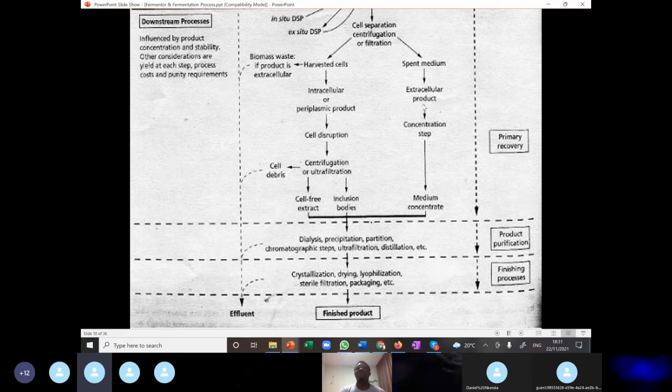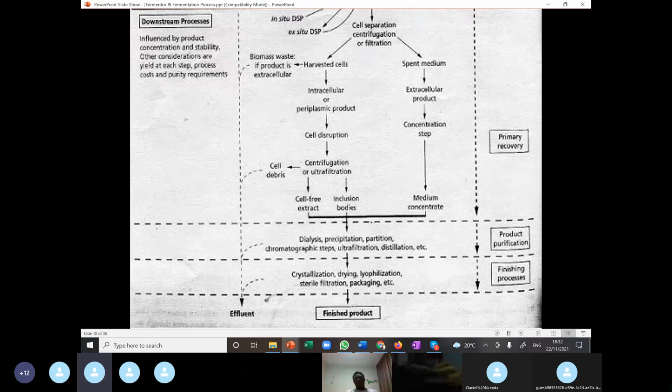Now, the major factor that will decide which procedure we employ in downstream processing is, one, whether we are interested in biomass or we are interested in microbial byproducts. The major decision that we will use to influence which technique we are going to use in downstream processing will be whether we are interested in biomass or we are interested in byproducts.